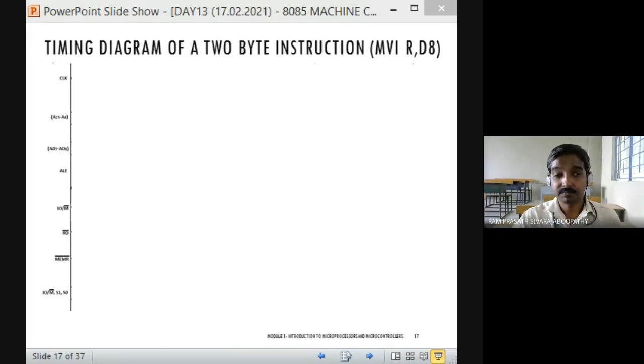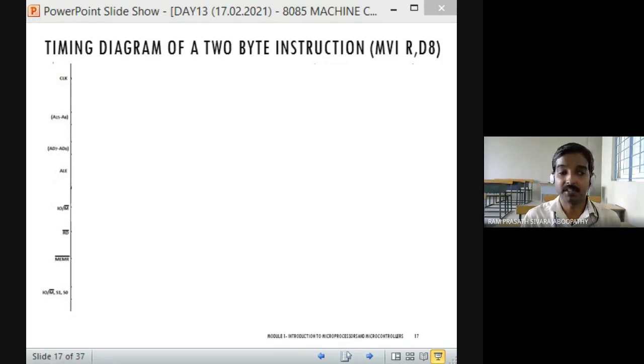These are the 2 bytes for the instruction MVI A, 77H. Is it correct or not? Okay, on seeing this, can you say how many machine cycles must take place? What must the first machine cycle be? Kindly type it in the chat. Yes, opcode fetch machine cycle. Very good.